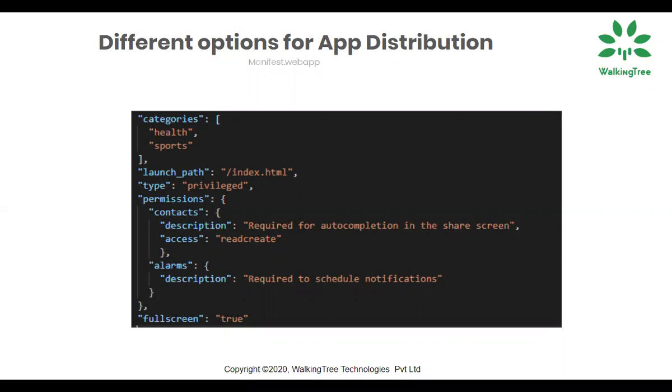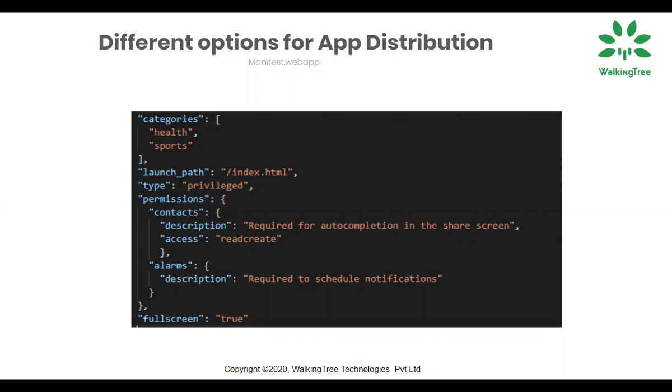We have seen that we can publish the app to the stores in two ways: one is hosted, and the second is packaged. We need to use the privileged type for the packaged app, and we need to use web for the hosted app. That means the KaiOS system will understand whether it is a hosted app or a packaged app.